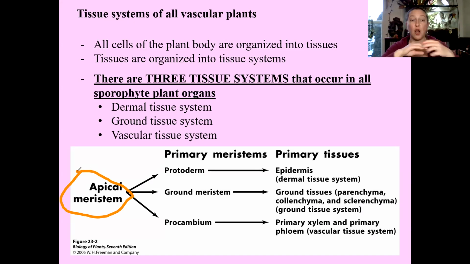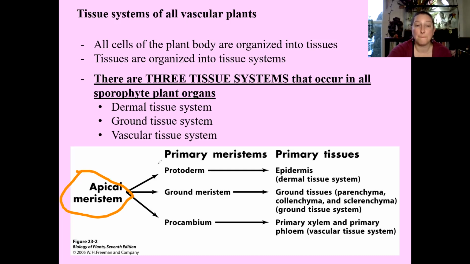When mitosis is used to make the plant get bigger, this is usually happening at the apical meristems, which is a type of cell that can divide and create new types of cells. So the apical meristem can divide into different cells that then get organized into tissues.